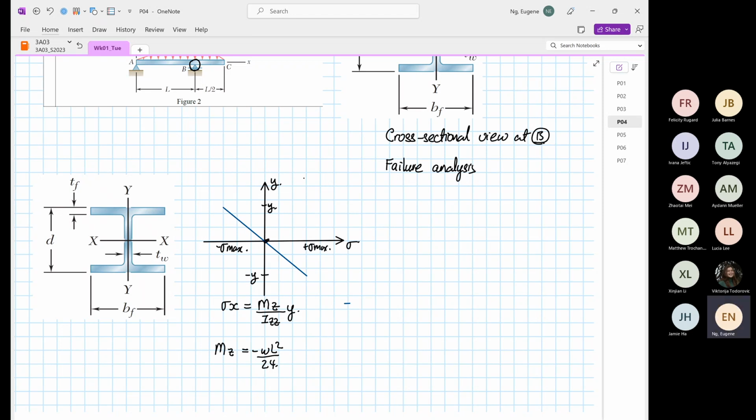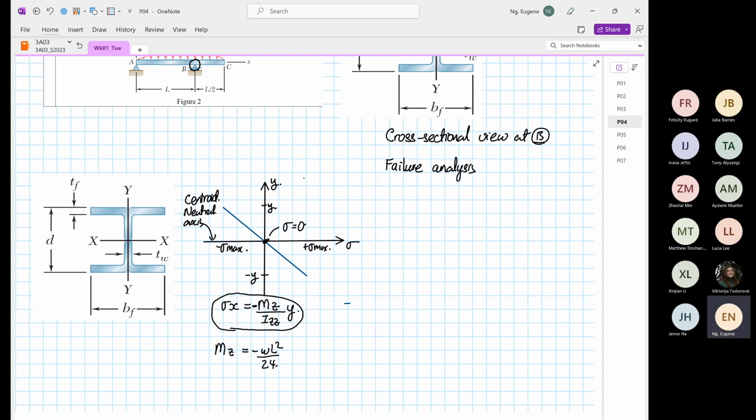Exactly at the center, our normal stress is equal to 0. This line is also known as our centroid and our neutral axis. Based on the formula we're using, with a minus sign down here, if you sketch the graph out, it looks like this.